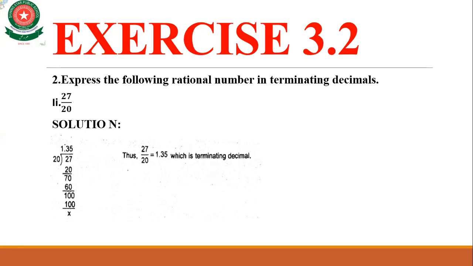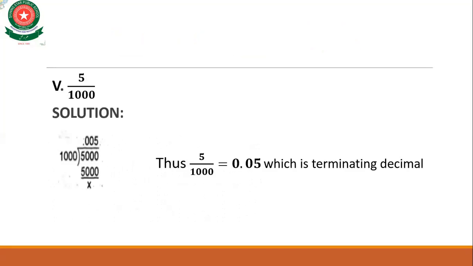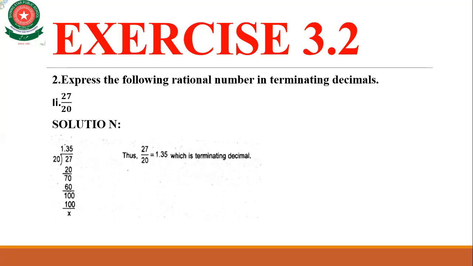Now we know that 7 is less than 20, so we will add a point in the quotient and place a 0 with 7, which makes it 70. Now we will multiply 3 with 20. The answer will be 60.